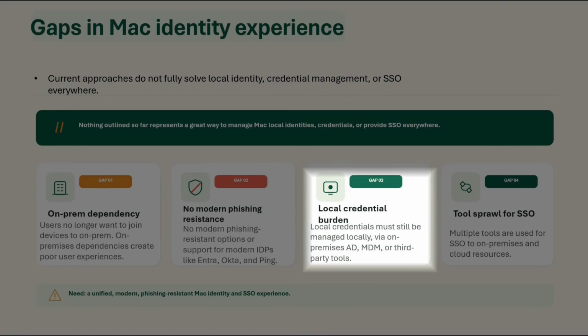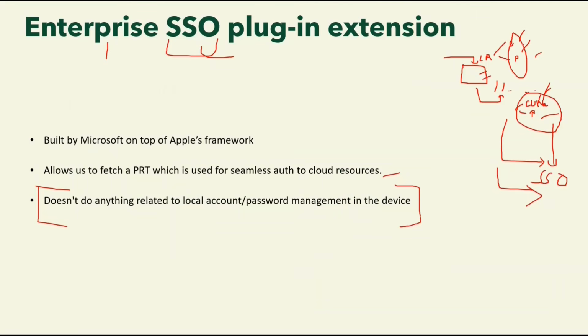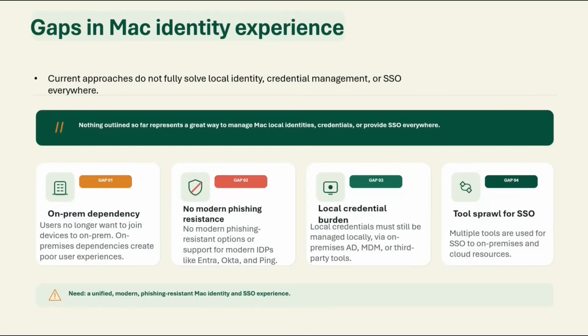I mean, we were not managing the credentials. We were just providing an SSO experience, which means that, like we saw in the previous diagram, since we were not managing this username and password and this username and password, the user has to now remember two usernames and two passwords and then maintain them and make sure that they're compliant, right?